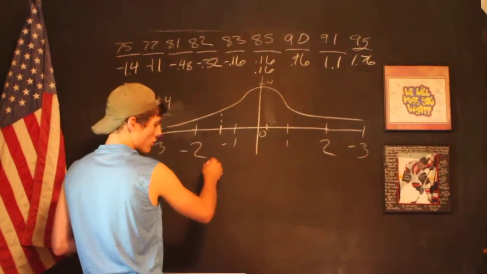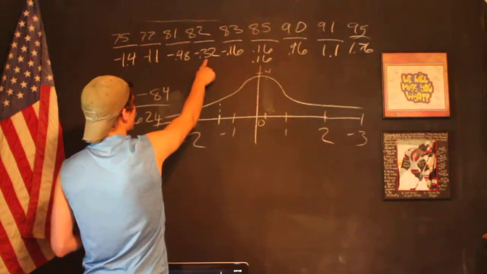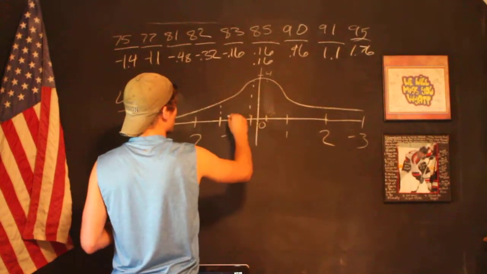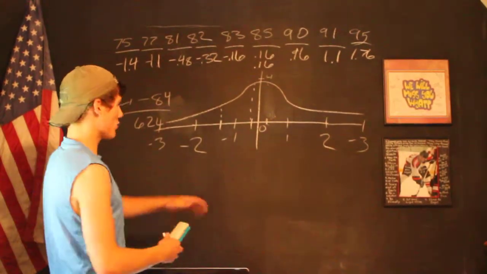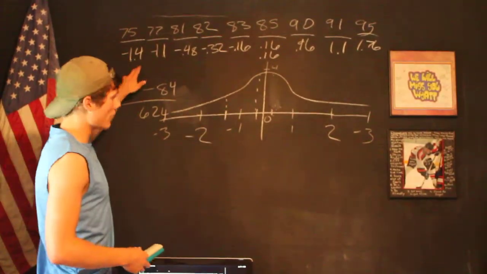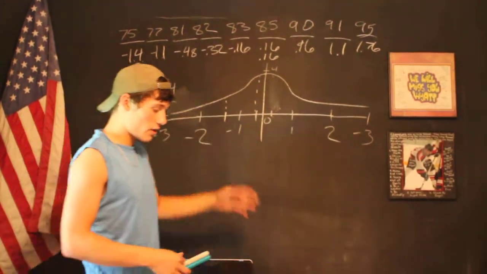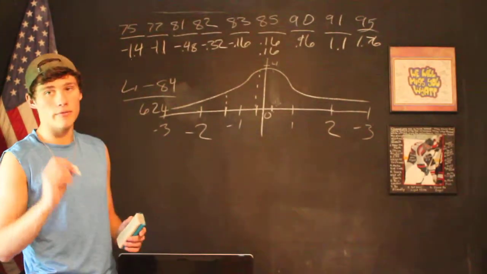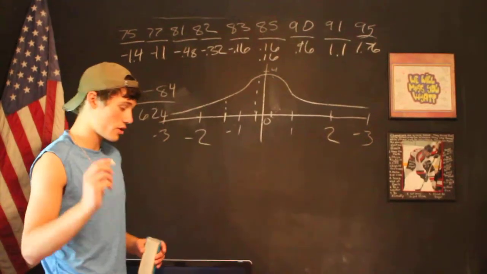And for an 82, the z-score is negative 0.32, so that's about right in there. So we are looking at the value right in here. That's what we're looking for. You put it in, and the left bound would be negative 1.4, and the right bound would be negative 0.32. You put that in your calculator, and you get a probability of 29.4% that she scores between a 75 and an 82 on her next test.